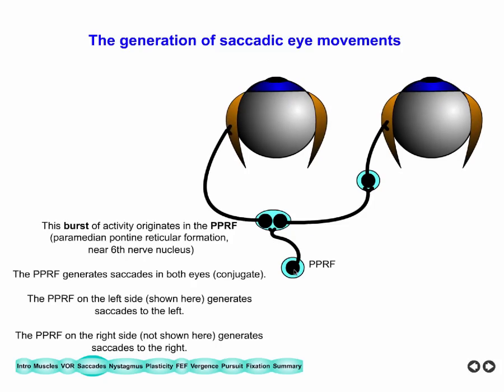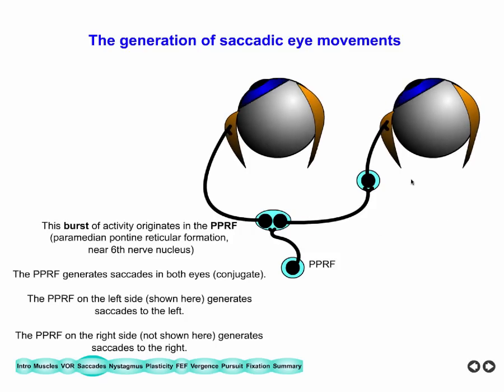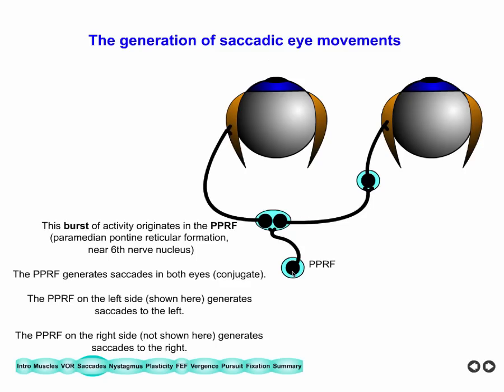This is the one on the left side, with the middle of the brain coming down between the two eyes, and there's a mirror image of all these neurons on the right side. Activating this makes the saccade to the left side. Activating the mirror image makes the saccade to the right side.